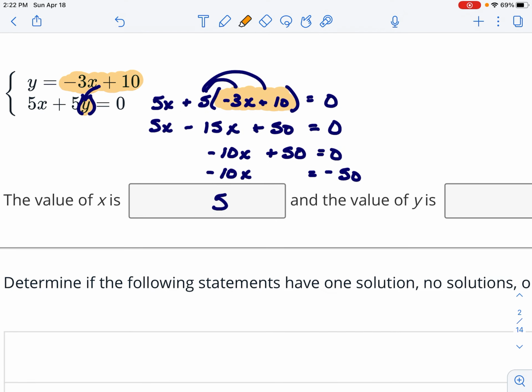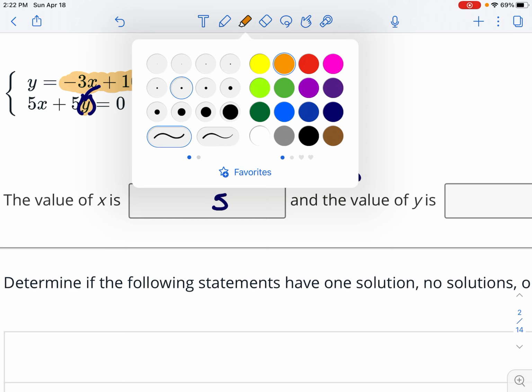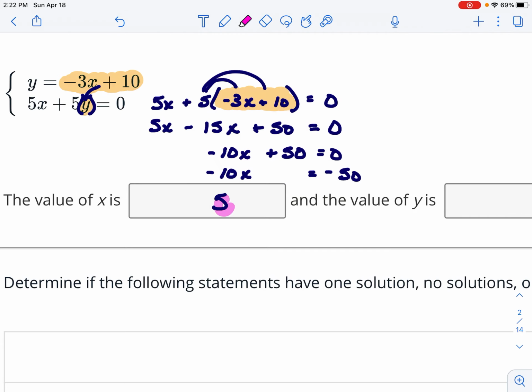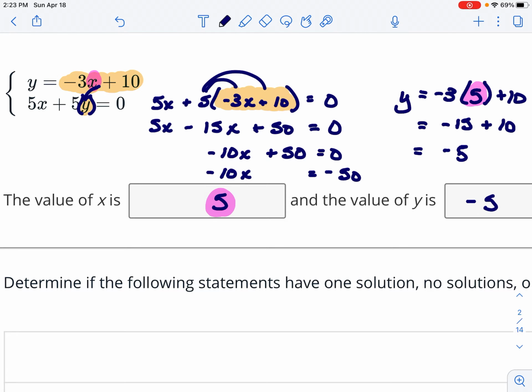So that's what x is, and I want to know what does y equal. Since I want to know what y equals, I'm going to use the equation that's ready to tell me y equals. So I'm just going to write -3x plus 10, and instead of an x, I know x is 5. So I'm just going to combine my like terms. I'm going to multiply first, and then combine them, and I believe I should get negative 5.